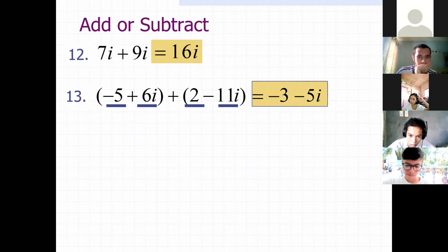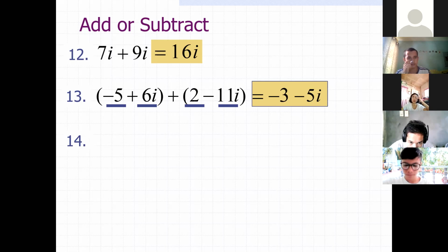So there you have the answer. Addition and subtraction follow the concept of simplifying polynomials by combining like terms. Again, the like terms are real to real, then imaginary to imaginary.